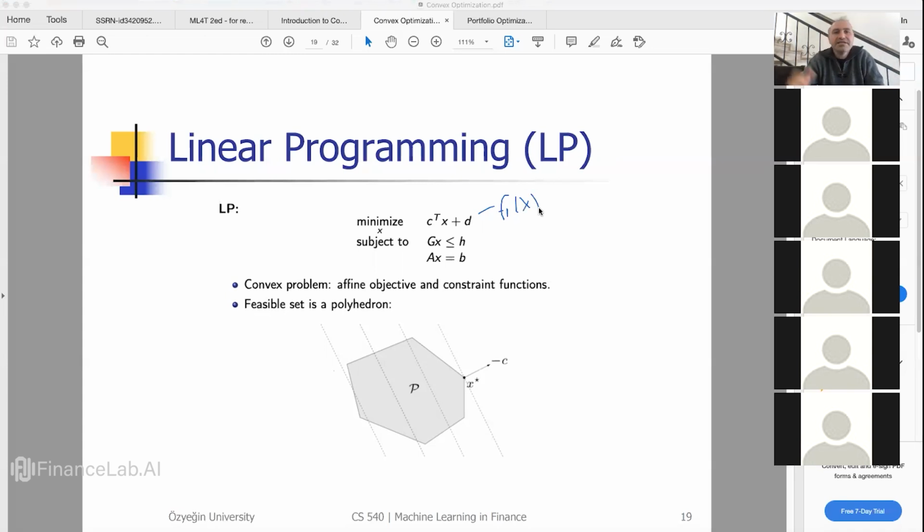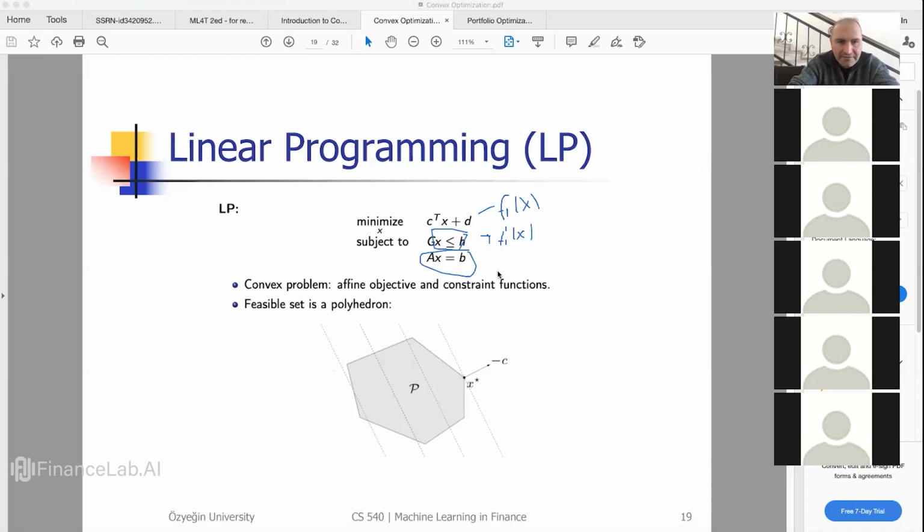And in linear programming, that becomes a linear function, C transpose X plus D. And the inequality constraints, which were fi(x), again a convex function, here G times X should be smaller than H. And again, we have linear equality constraints, AX equals B.